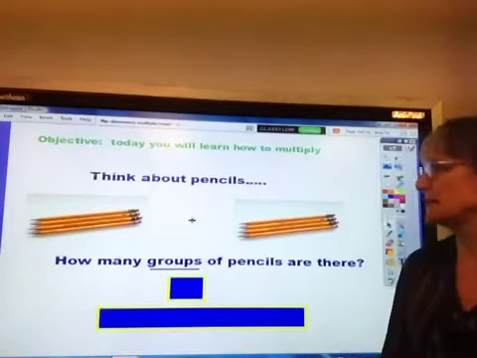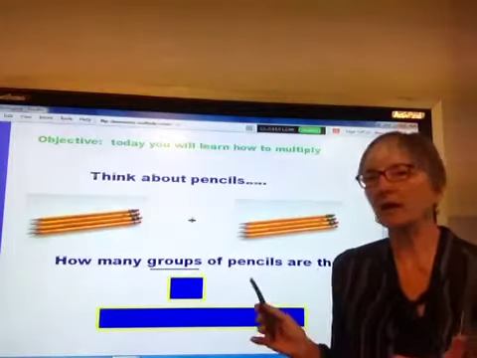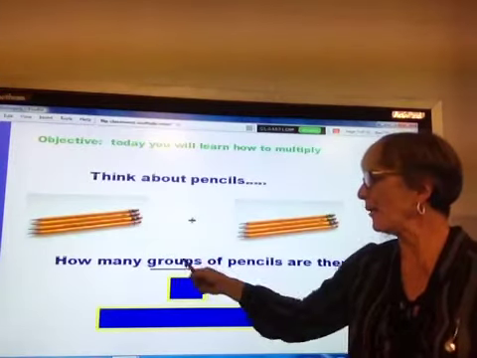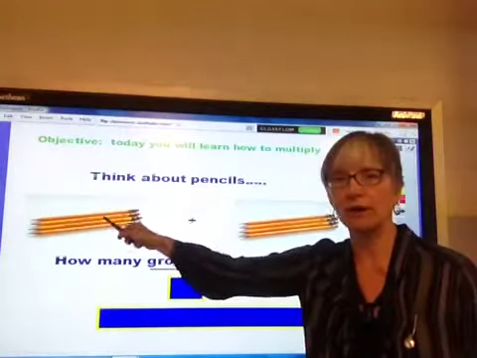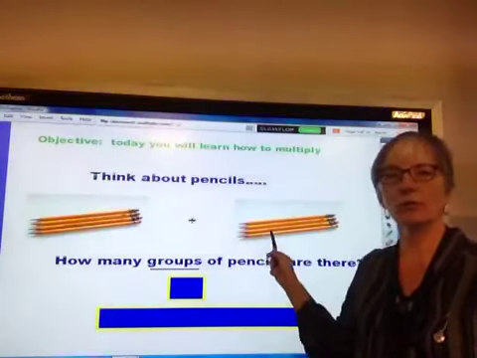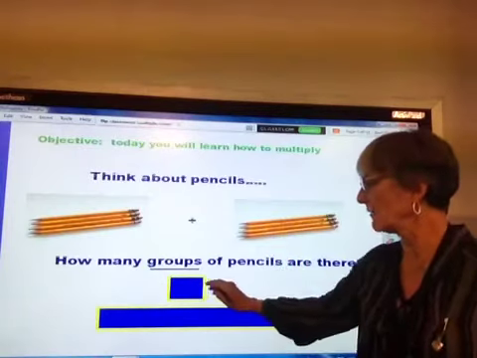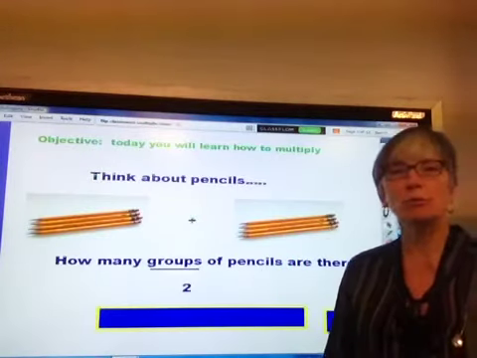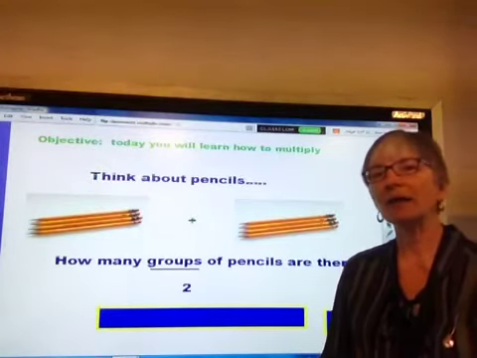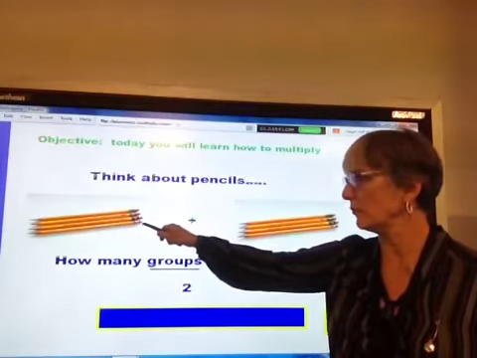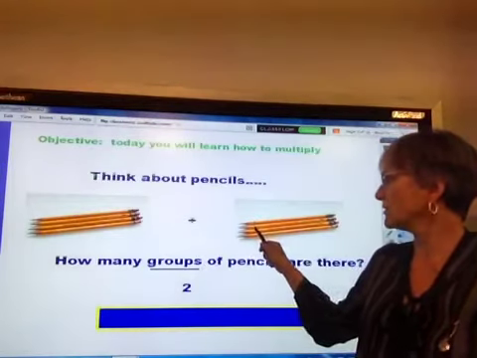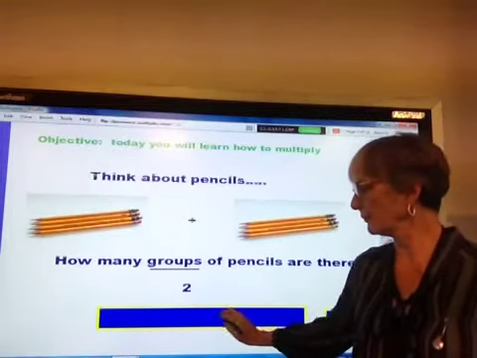So think about it this way. Again, we're thinking about pencils. How many groups of pencils do I have? Well, there's one group right here, and there's one group right here. So I have 2 groups of pencils. How many pencils are in each group? 1, 2, 3, 4.